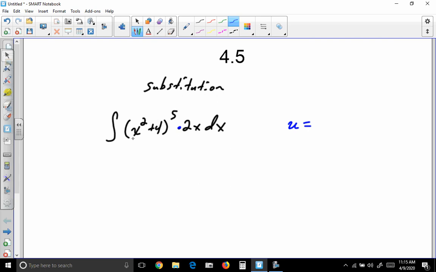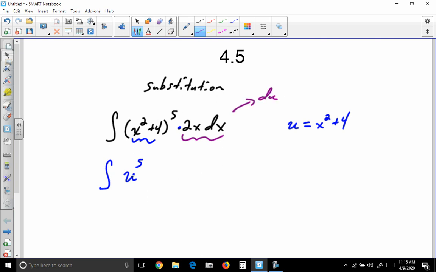We can replace what's on the inside with u. So on the inside, we're going to change that to u, raised to the 5th power. And then the question becomes, what do we do with the rest? We need to translate our dx and see how it is related to du.